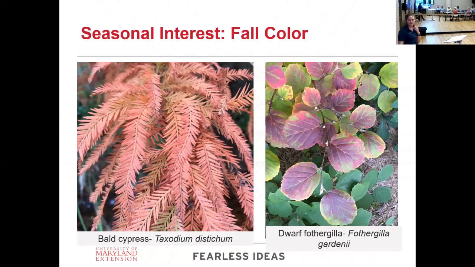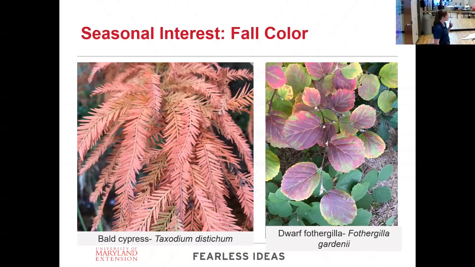And the other one that doesn't get talked about a lot is bald cypress. This is a large tree. I killed one of those. Now, if you have dry acidic ground, I don't think the bald cypress will like that. Guaranteed, it does not. It likes swampier, more organic soils. But this is a deciduous conifer, so it loses its needles in the fall, and inevitably I get one call a year.